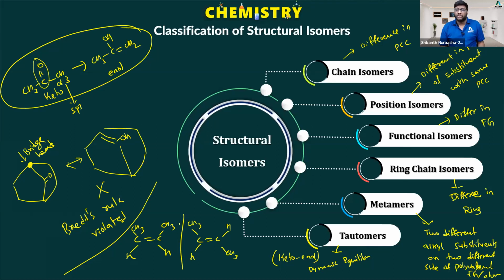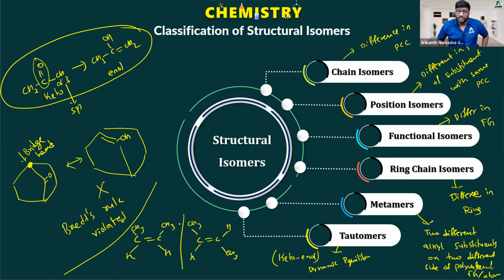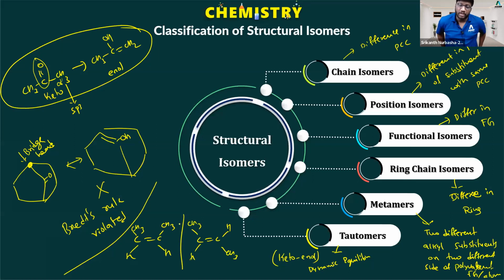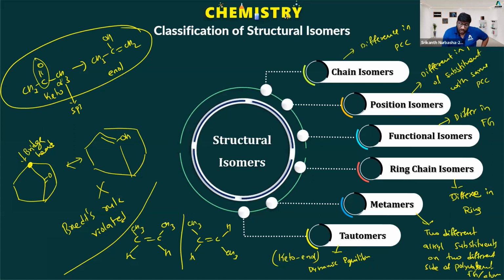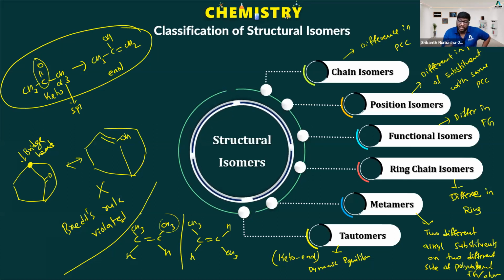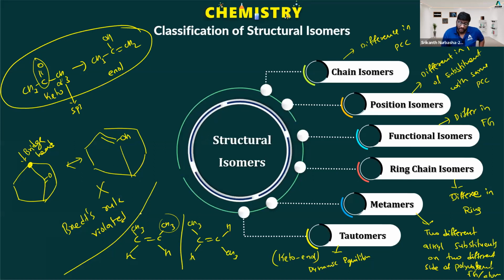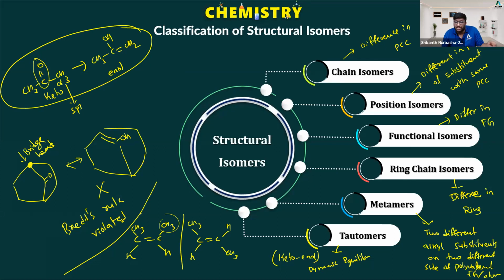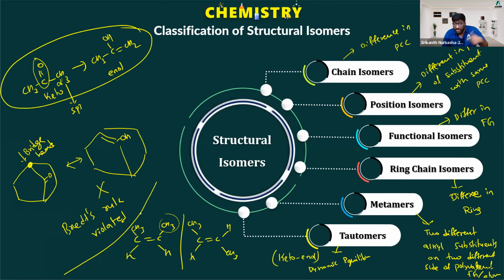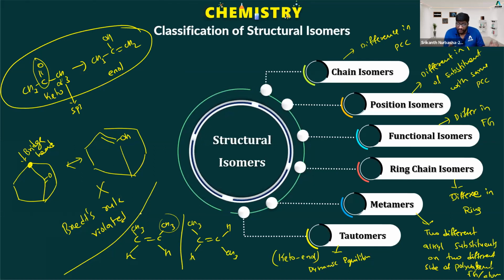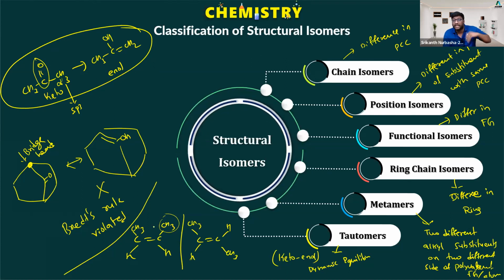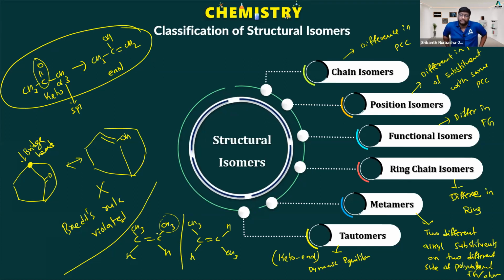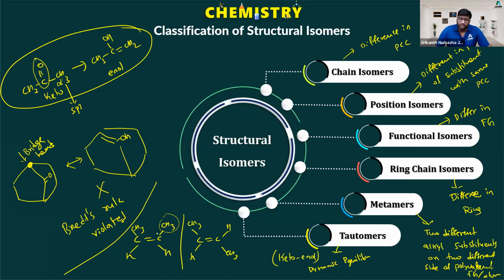On the same second position you have the double bond, so there is no difference in position, only the spatial position is changed. Position and spatial position you should not confuse. Position means on which carbon the OH group is substituted or the C double bond C is present. Spatial position means the connectivity is everything the same, but the arrangement in space is different. Got it now?